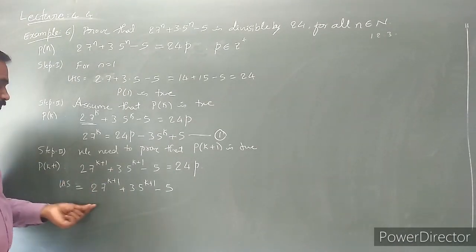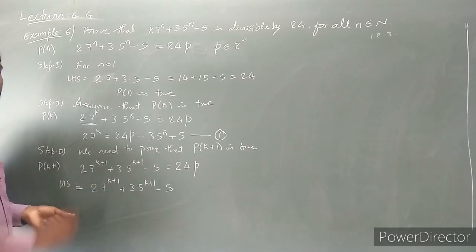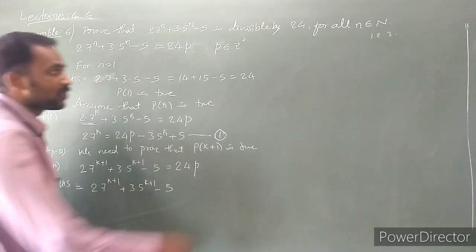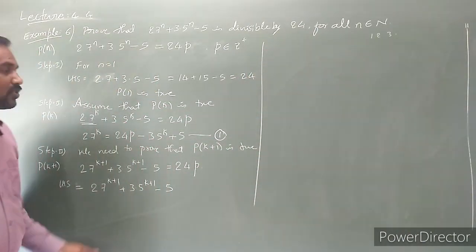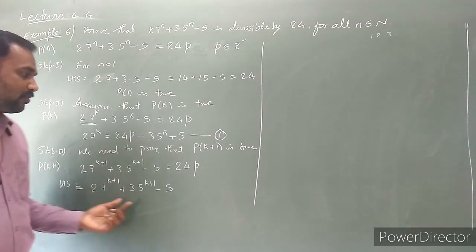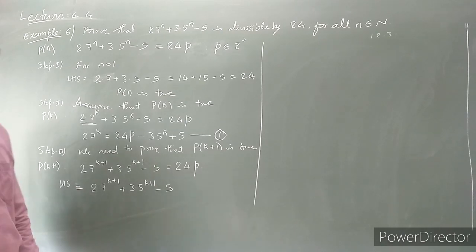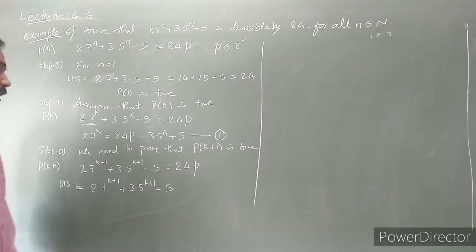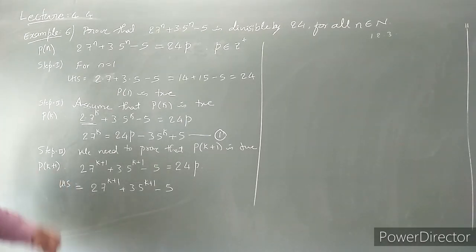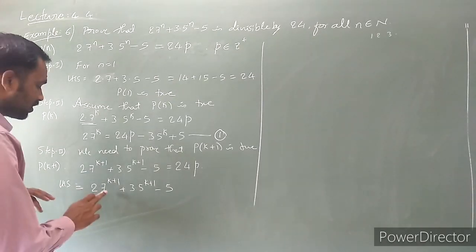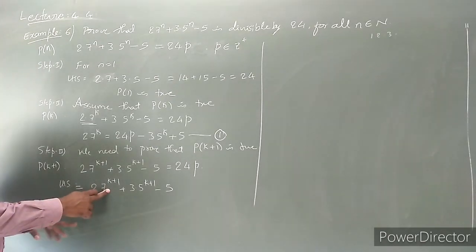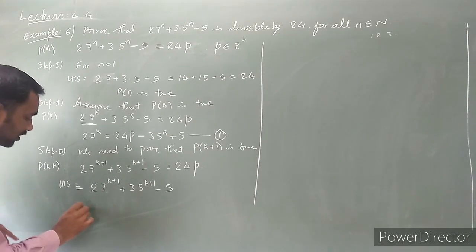Is it directly possible? The unknown value k is there, which is not possible. In a previous type of problem, we used to replace the first k term's value, which is not possible to replace here. Is that clear? So what I need to do is split the term. How do I split the term? By the help of the laws of induction.